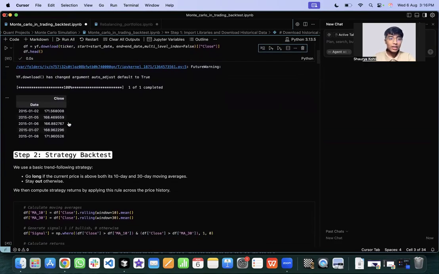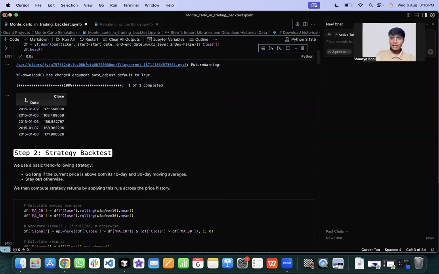Here you could see a little bit of an example of it. On 2015, 2nd Jan, it is $171.56. And from 5th January, it has reached 168.46.